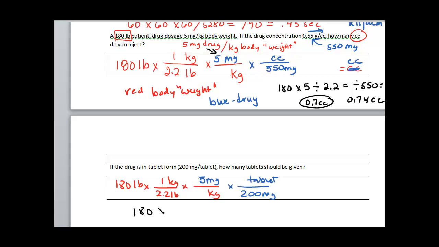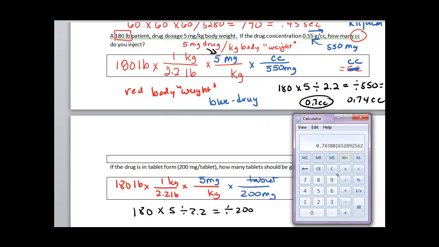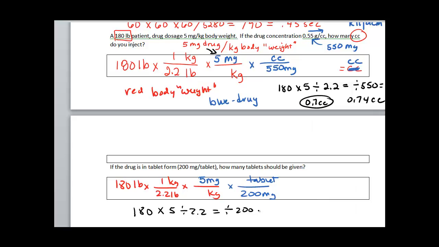You have 180 times 5 divided by 2.2 equals, and then divided by 200. And doing that on the calculator, 180 times 5 divided by 2.2 equals, divided by 200 equals. And this tells me that I'm going to give my patient about 2 tablets. Again, notice the units canceling out, and the only unit that's left is tablets.